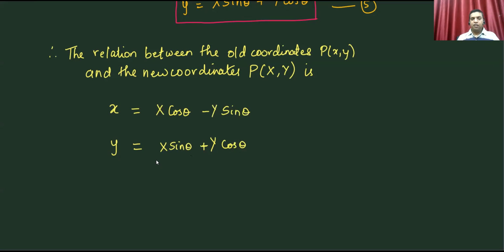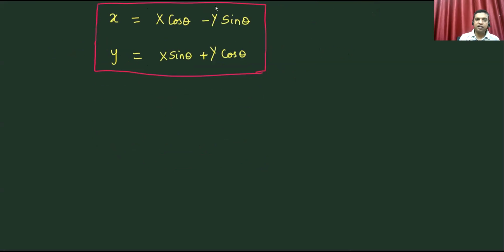All right. If you have learned matrices in class 10th, 2 by 2 matrix, then in matrix form, this can be written even more nicely. This is a column matrix.